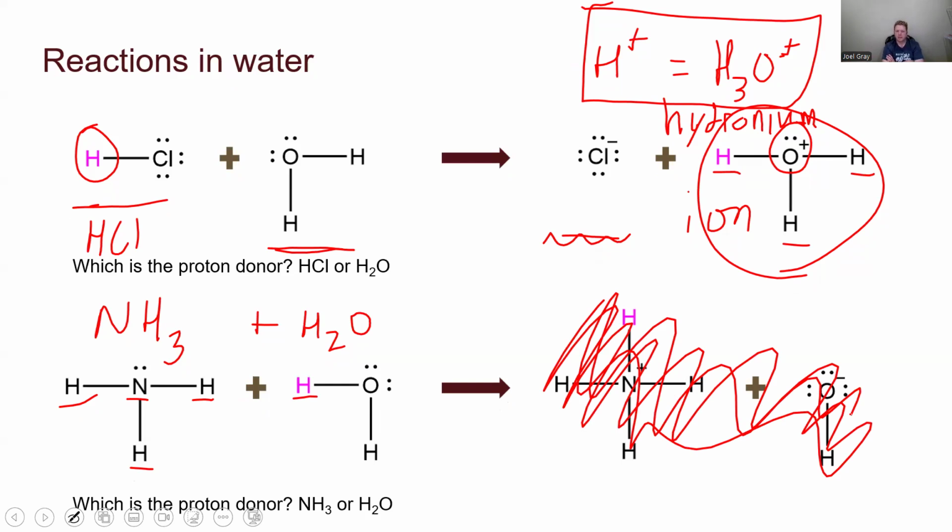So essentially, is H2O going to act as an acid and therefore NH3 acts as a base, or is NH3 going to act as an acid and H2O is going to act as a base? That's what we're trying to figure out. We've got a clue here of H2O, and that H that's both underlined and highlighted in pink or magenta. But that's not really a clue. That's just kind of the information given away.